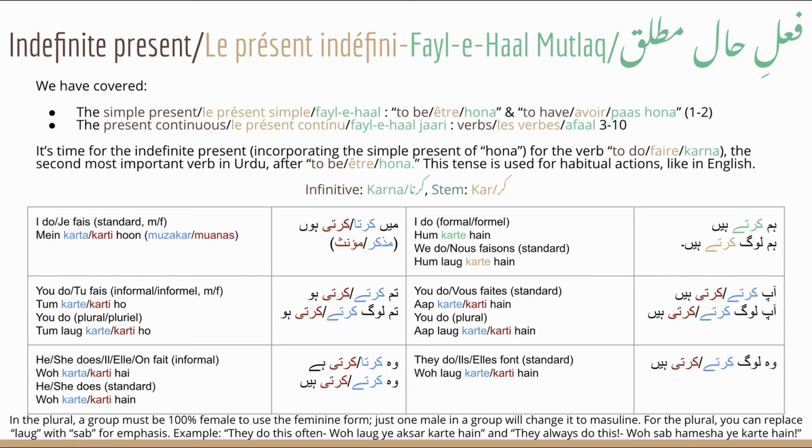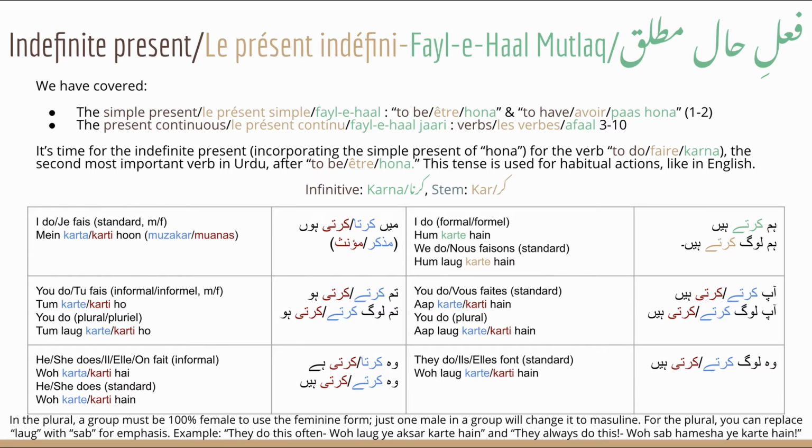Now, the indefinite present, फ़ेल हाल मुतलक. We have covered the simple present, फ़ेल हाल, for to be, hona, and to have, पास होना, verbs 1 and 2, and the present continuous, फ़ेल हाल जारी, for verbs 3 to 10, अफ़ाल 3 से 10.